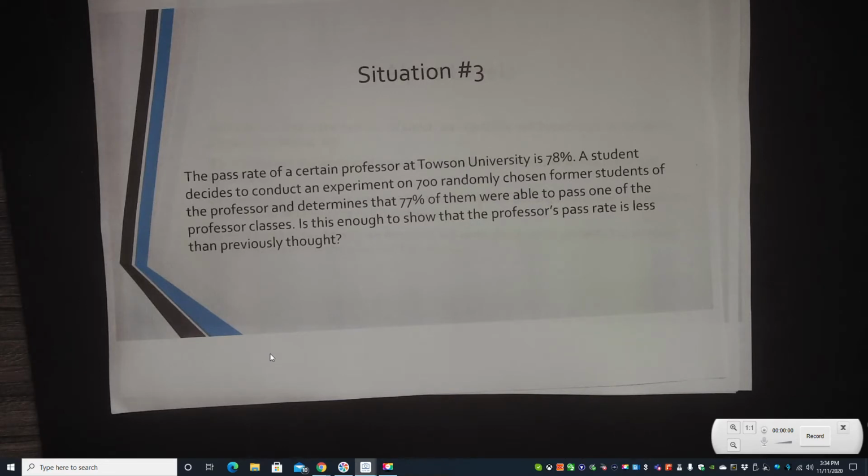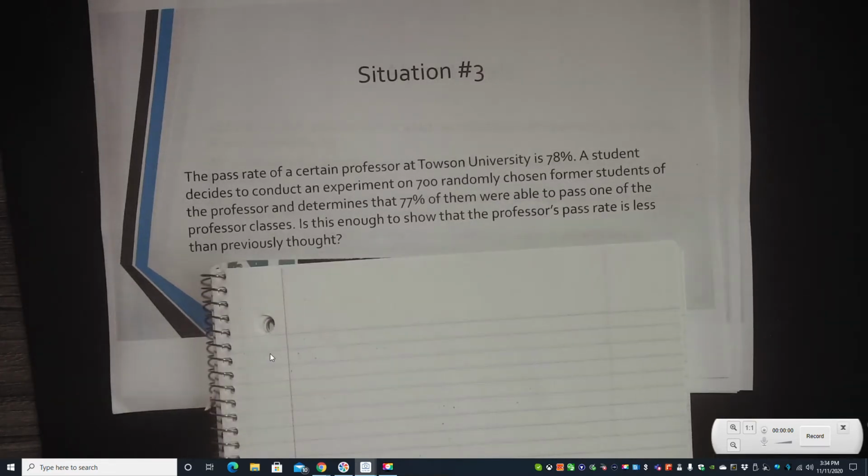A student decides to conduct an experiment of 700 randomly chosen former students of the professor, and determines that 77% of them were able to pass one of the professor's classes. Okay, sorry, lost my spot. Is this enough to show that the professor's pass rate is less than previously thought?